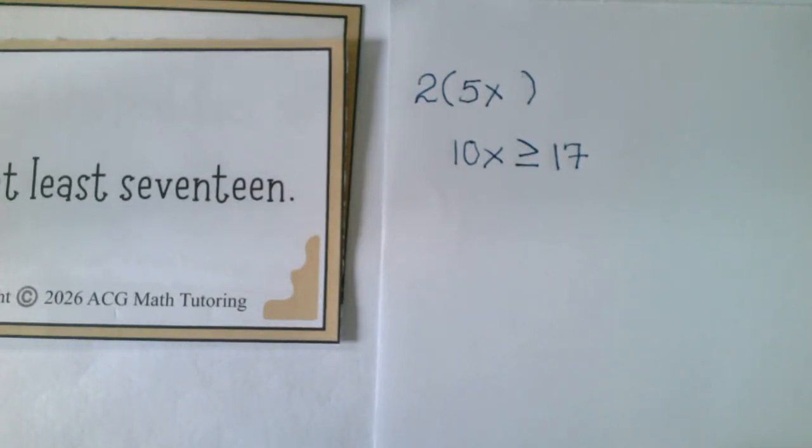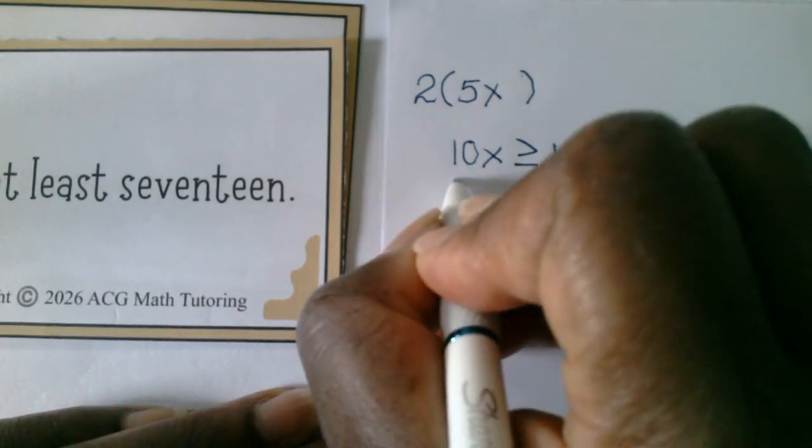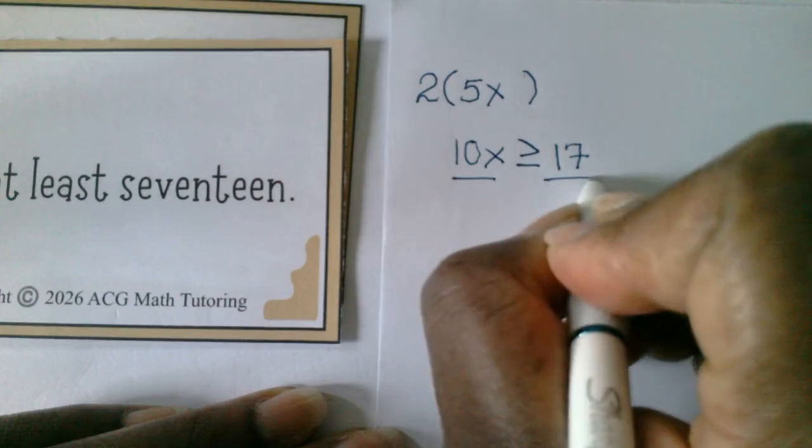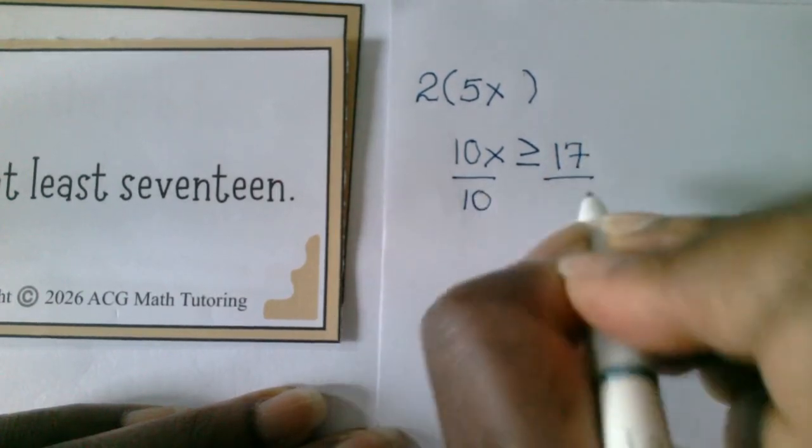E, I see you. Andrea, divide by what? Take a look at your answer. Monster, I see you. Big Al, I see you. Okay, so we're going to divide both sides by 10.